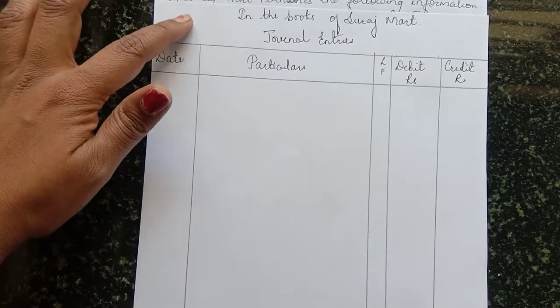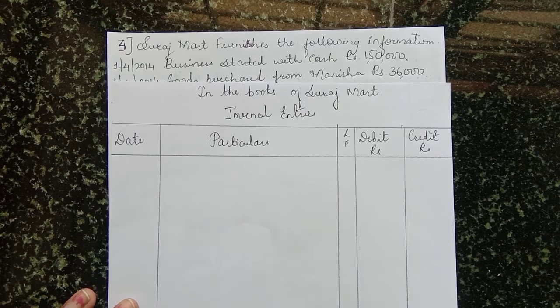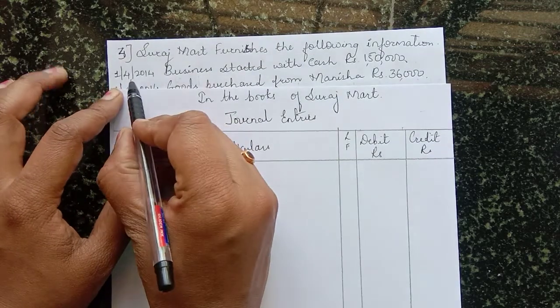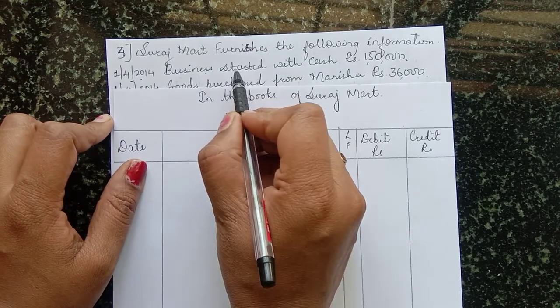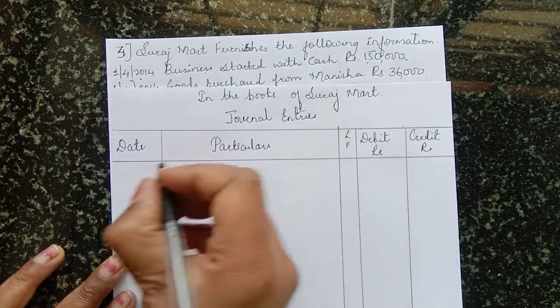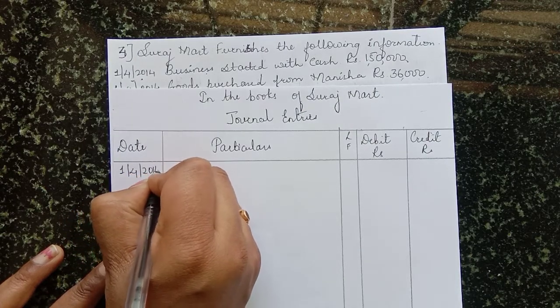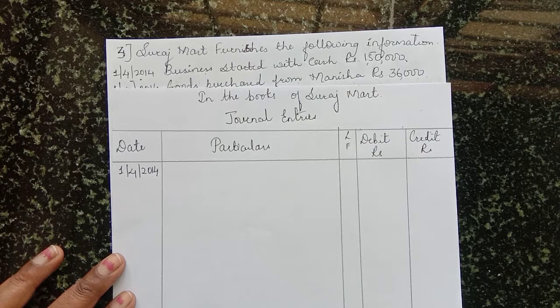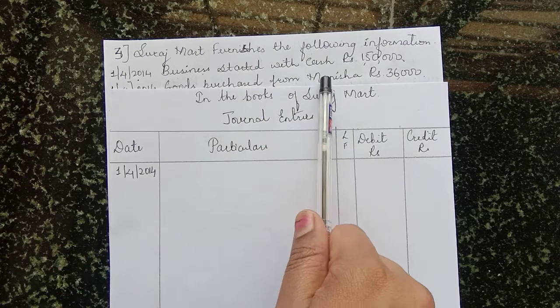Now one by one I'll read the transaction and tell you. The date is 1/4/2014. What is the transaction? Business started with cash rupees 1,50,000. So date is 1/4/2014. Now directly you can tell. Which are the two accounts that will come?